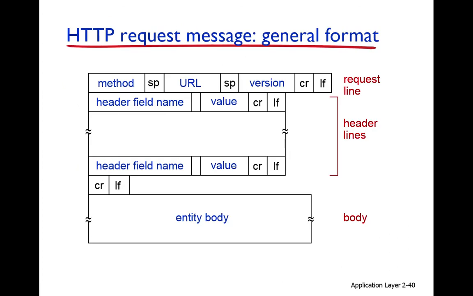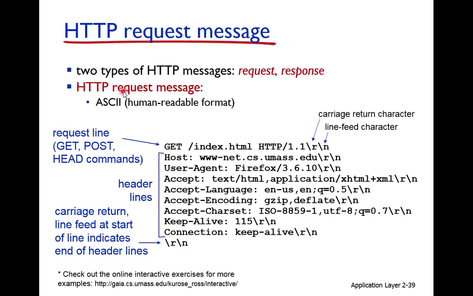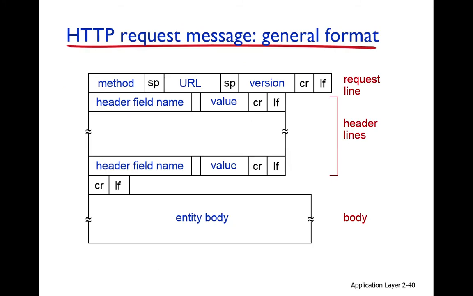This is the general format of the HTTP request. Method, we will discuss. Method can be, for example, GET. GET means I need this object, then space, then URL path, then space, then HTTP version, then next line, then each header line and each header line value.